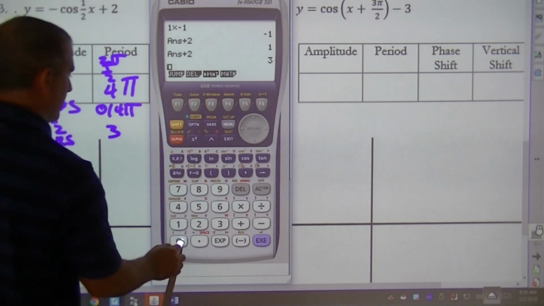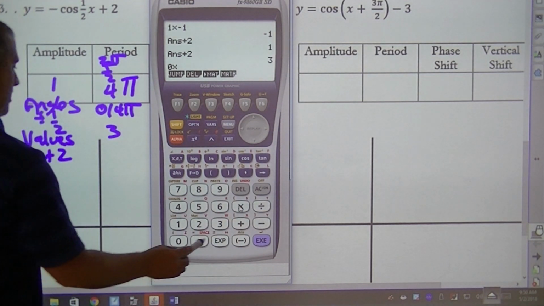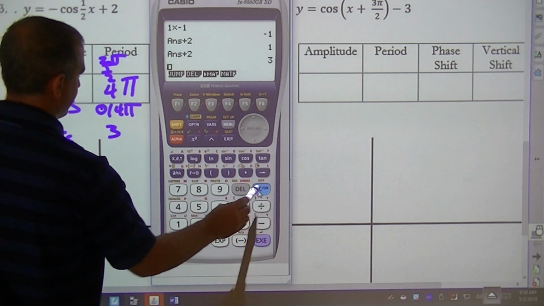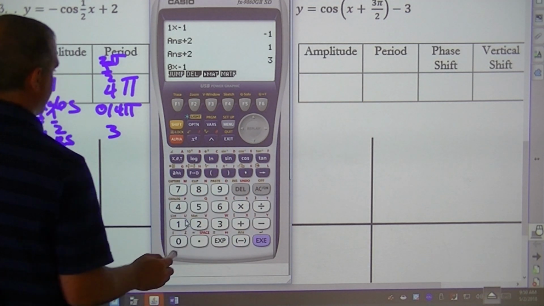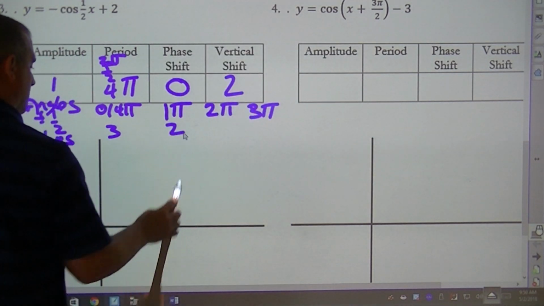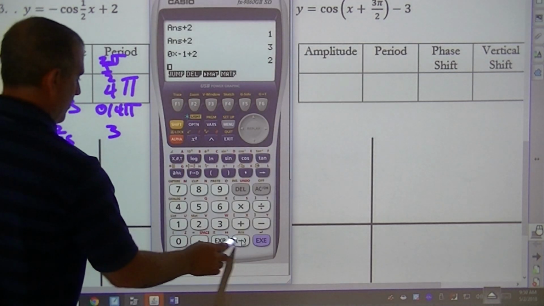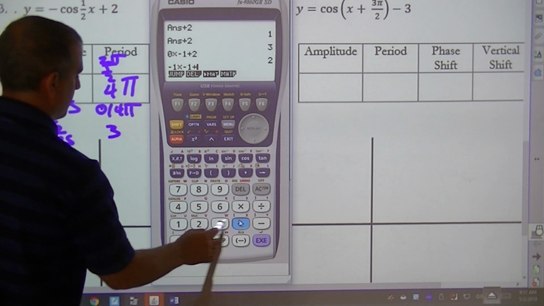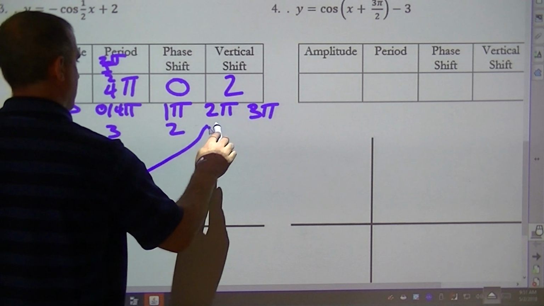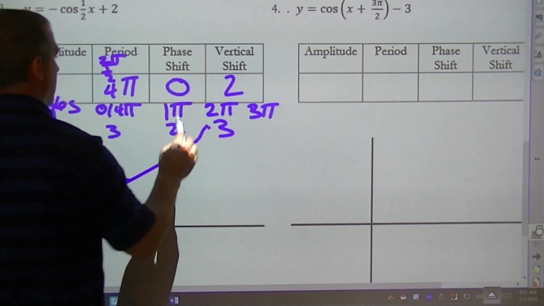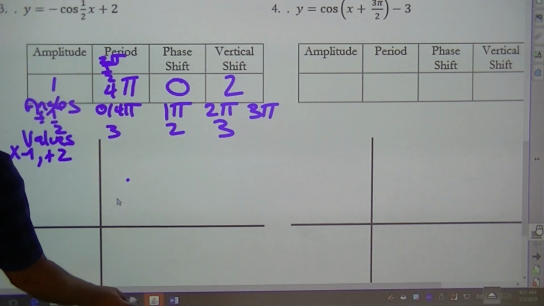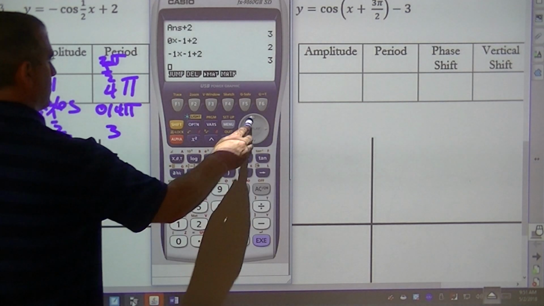Okay, then I do 0 times -1 plus 2, that'll be 2. Okay, then I'm going to do -1 times -1 plus 2, be 3. Okay, and then I'm going to do, whoops, hold on, that one's not right.